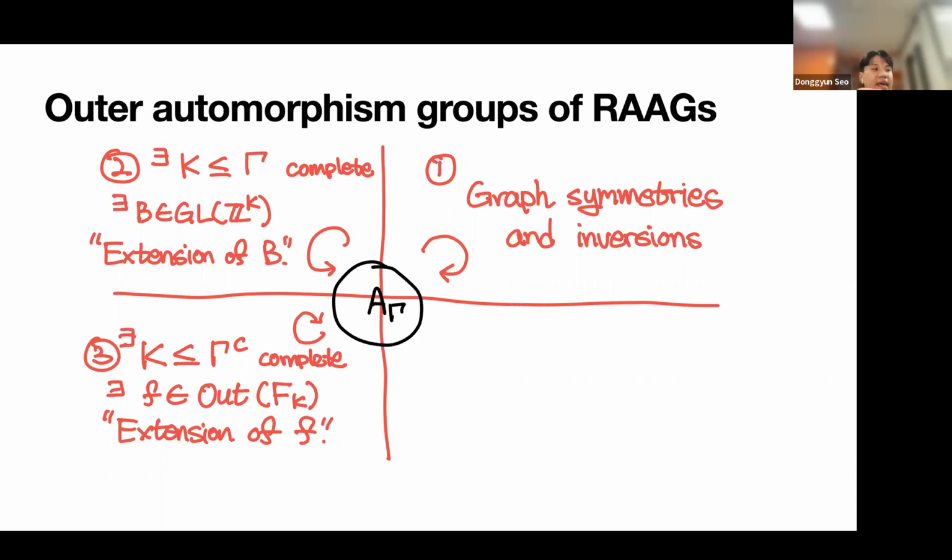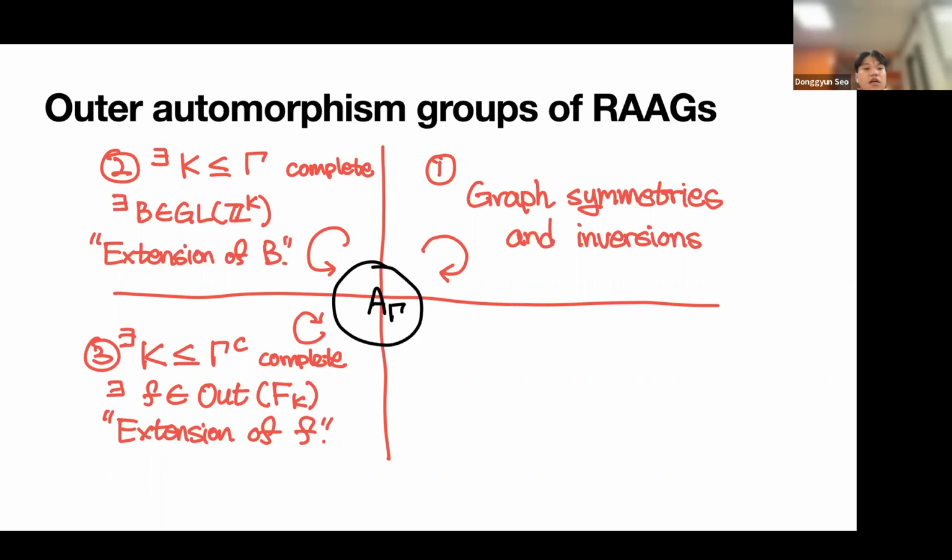So K generates a free subgroup of the right-angled Artin group. Then if K also has some nice condition, we can take an automorphism in the automorphism group of K. Then we can extend this automorphism to the whole right-angled Artin group.